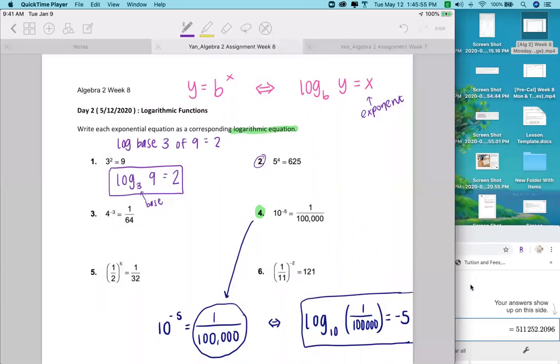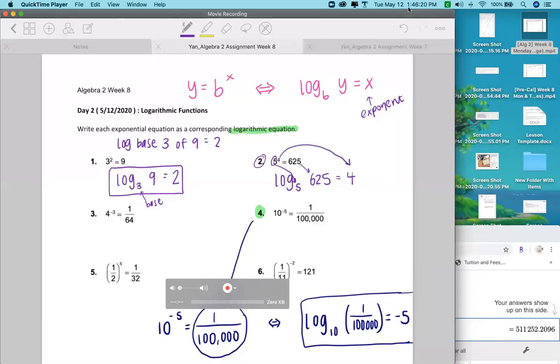Okay, very good. All of your answers are pretty good. So we got log base 5 of 625 equals 4. We got our base right here, and the exponent goes to the other side, and 625 right here. You have to use the numbers that they give you.